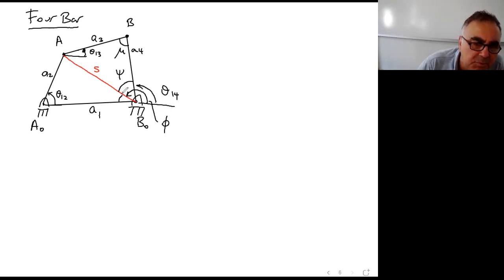And its complement, which is this angle, I will call phi prime, although it should be closer.